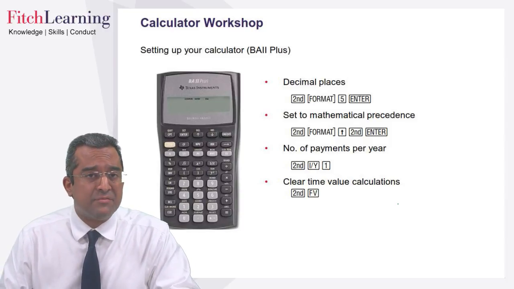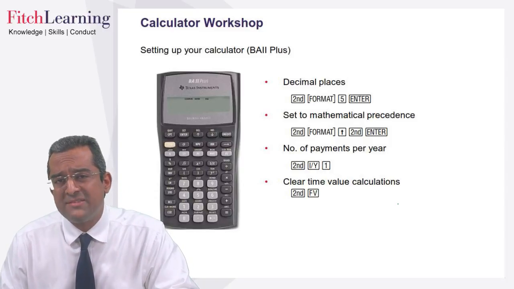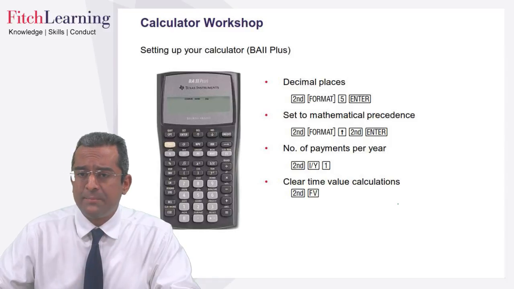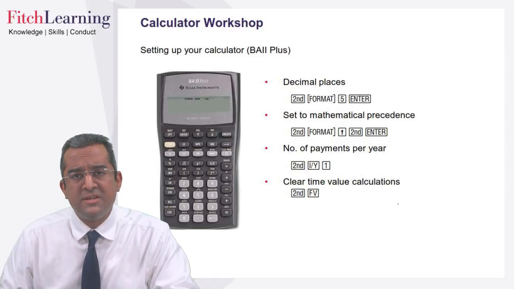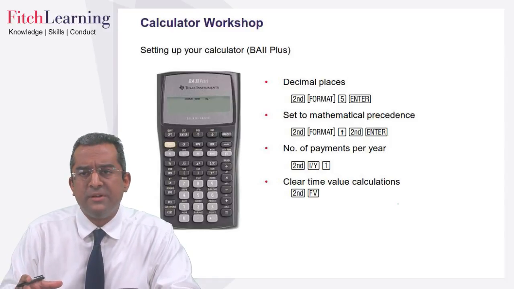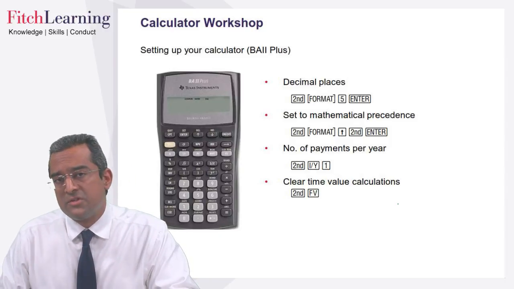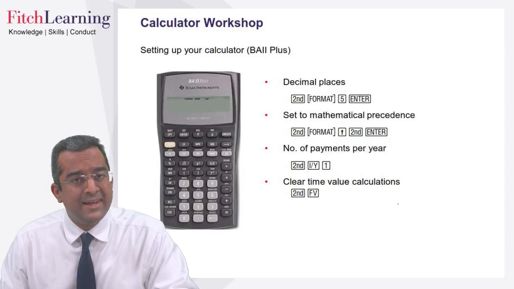I need to have at least 5 decimal places in order to have the right final answer. Otherwise, when I do multi-step calculations, if the decimal place number is too small, I will lose accuracy and get the wrong final answer. So I recommend that you use at least 5 decimal places.